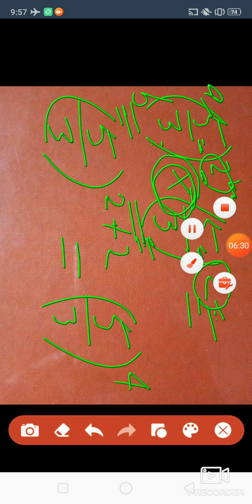So finally what will get? 5 by 3 to the power 4. Now you can solve this part. So 5 by 3 to the power 4 means what? 5 by 3 we have to multiply how many times? 4 times. Why? Because the exponent is 4 here. So 5 by 3 into 5 by 3 into 5 by 3 into 5 by 3.